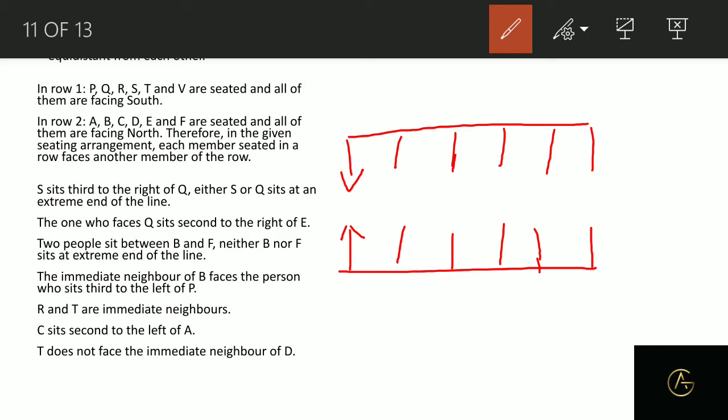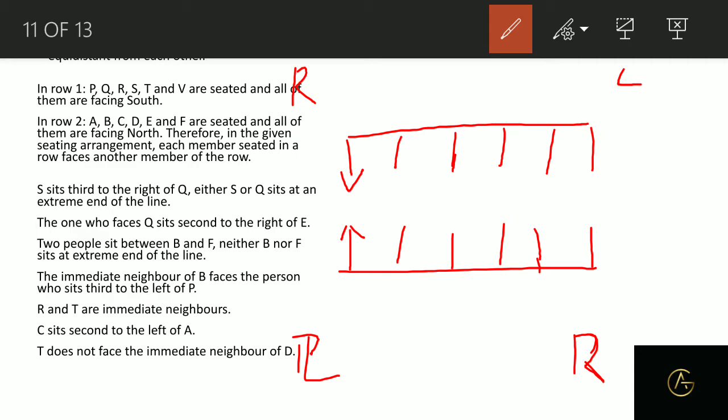What is the first point? S sits third to the right of Q. Here is right, here is left. This way is left, and this is right. S and Q come in row 1. Either S or Q sits at an extreme end of the line.